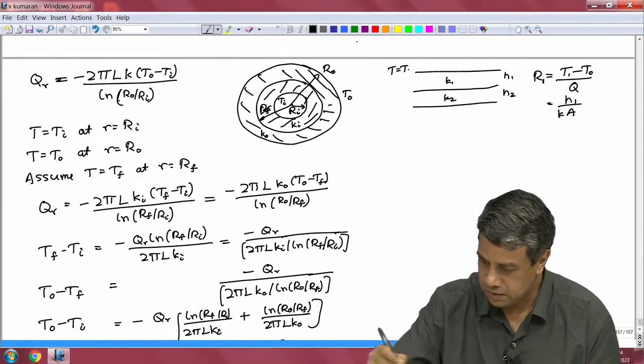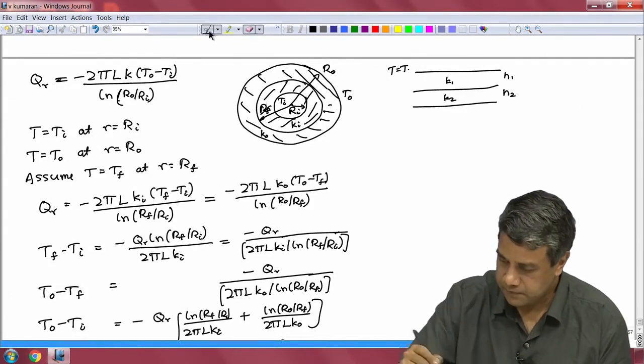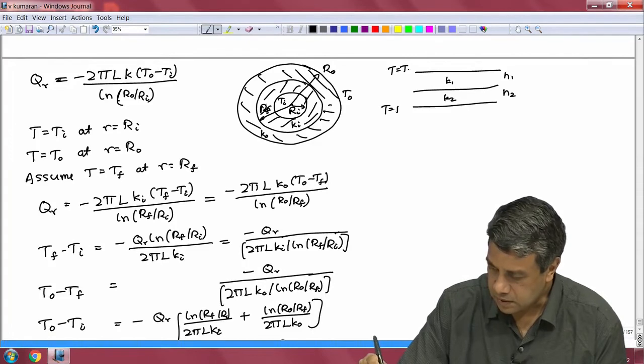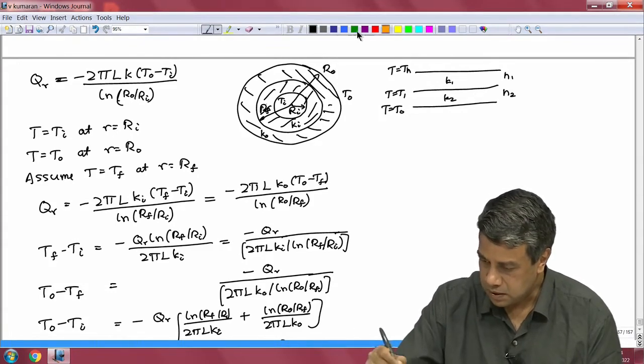Let me just clarify this a little more. This T is equal to T naught, T equals T1 and T is equal to TH.